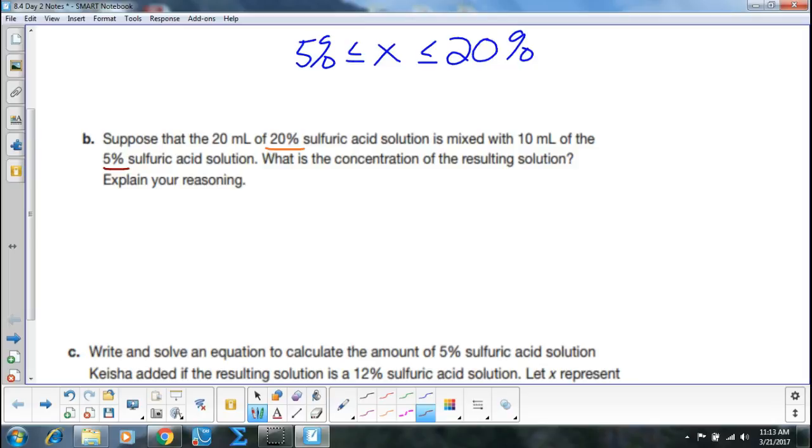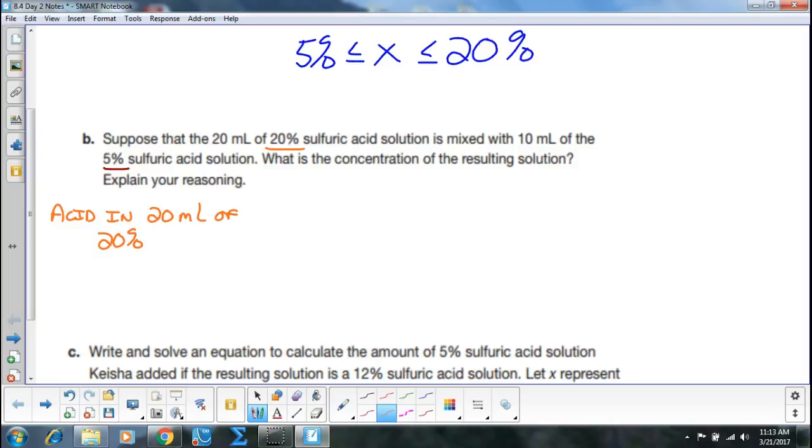So we need to find how much acid is in that 20 milliliters of 20% solution. If we were to take out all the extra water, how much acid would just be left in that 20% solution?